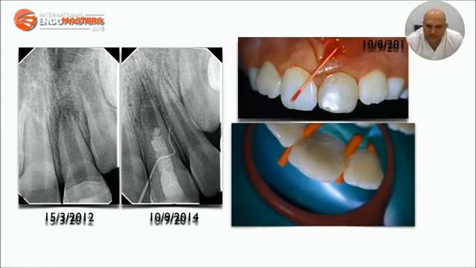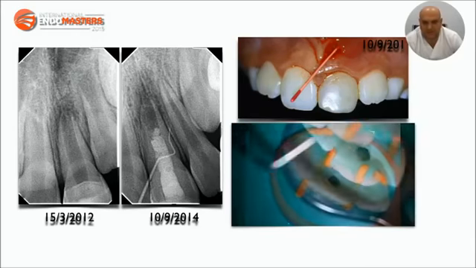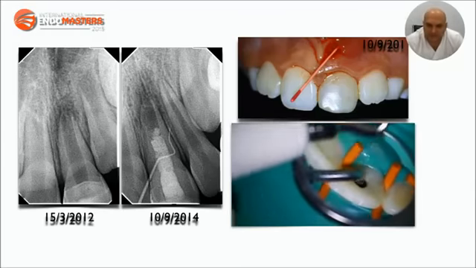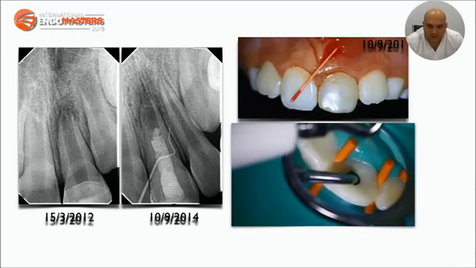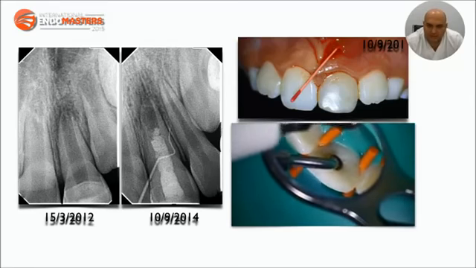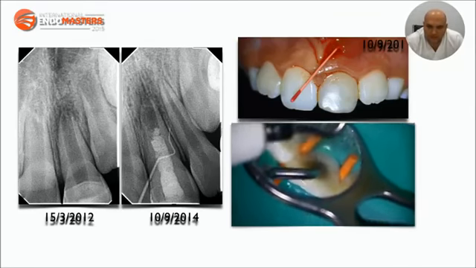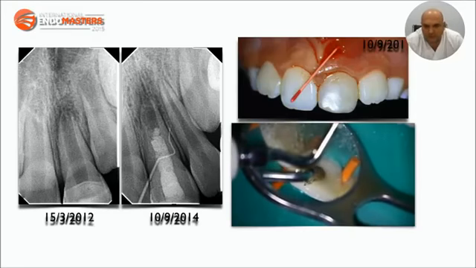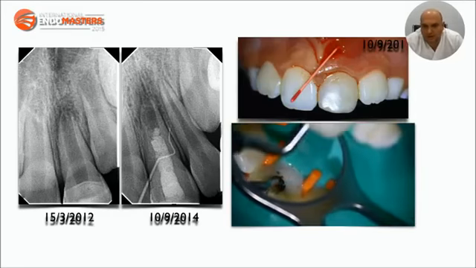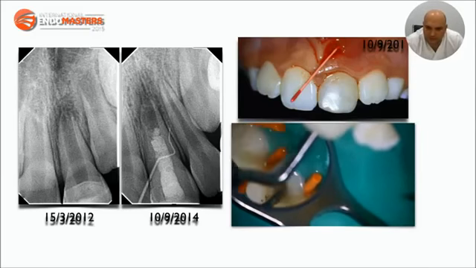I'm reassessing, this is a retreatment of a failed revascularization case. I'm reassessing the white canal, locate the MTA and try to remove the MTA with ultrasonics under continuous saline irrigation.